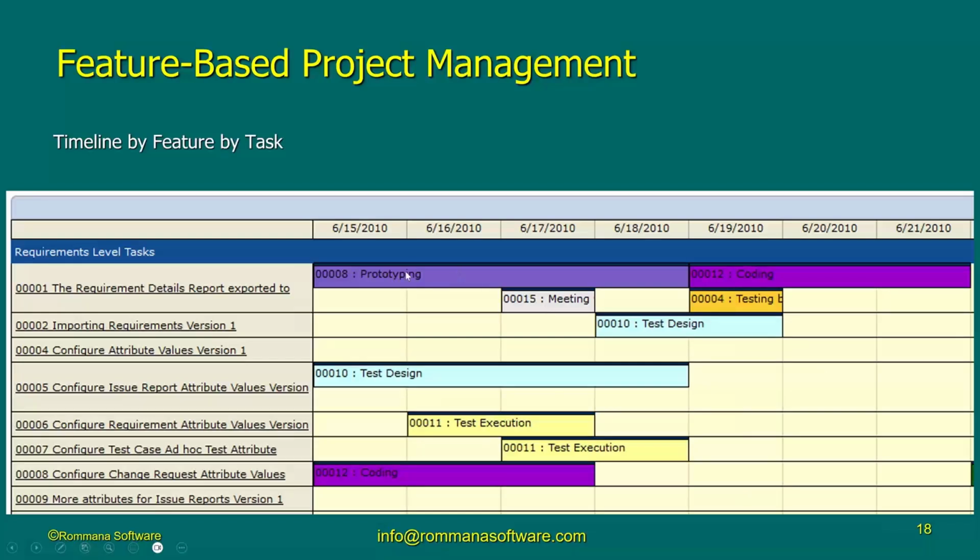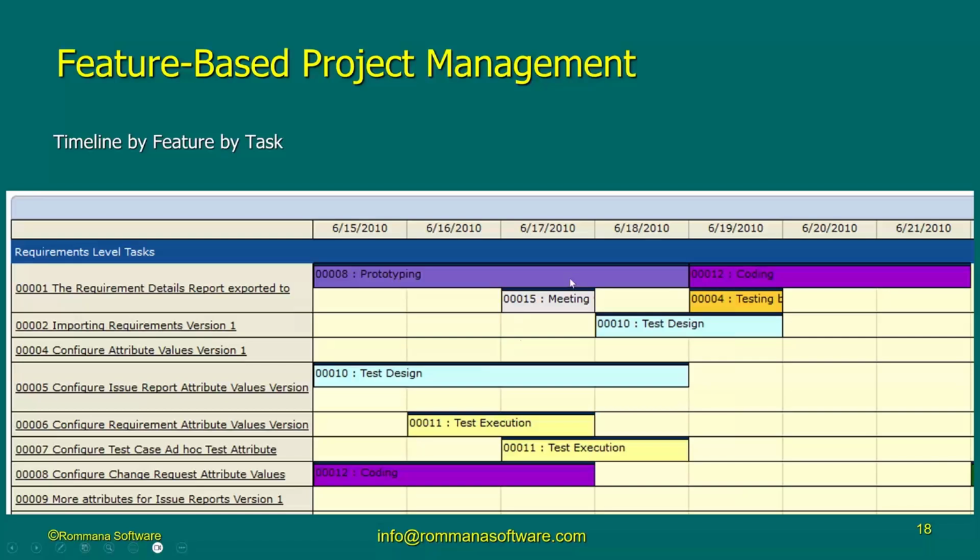If you click on any one of those, it brings another screen with the details. It says here, this is the test design. If you click on that, it shows you who is doing the test design, how many hours we allocated for test design, how many hours they already spent, and the percentage of completion of this test design. It does this for every task.